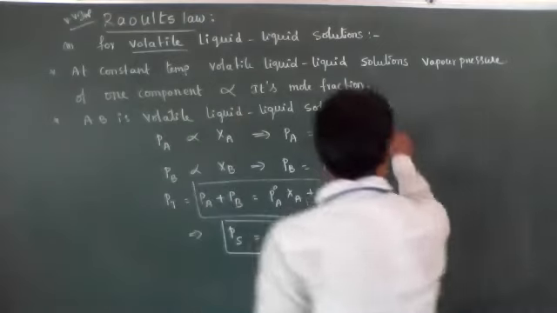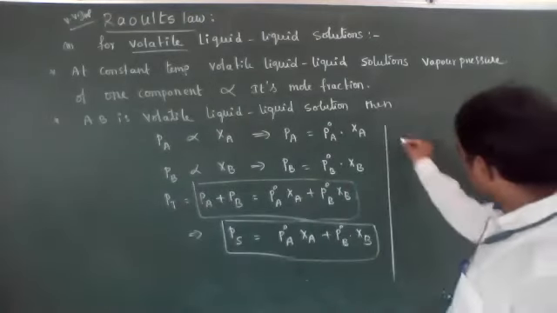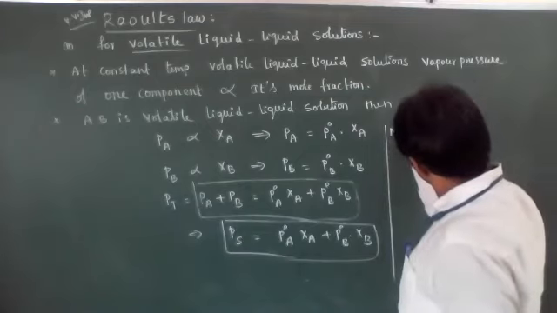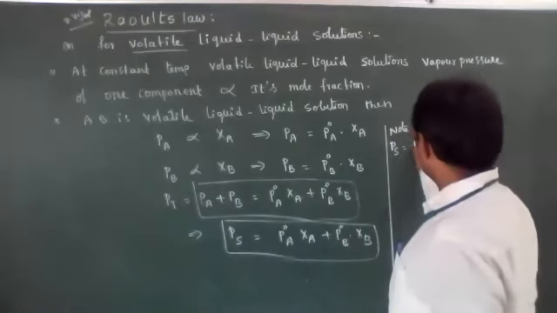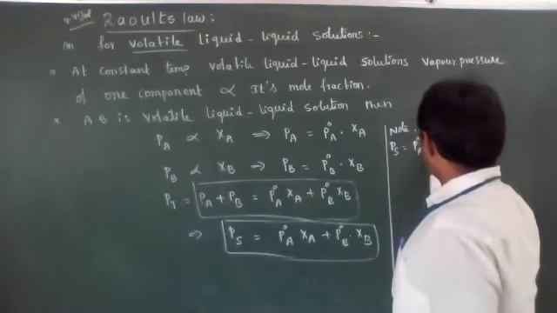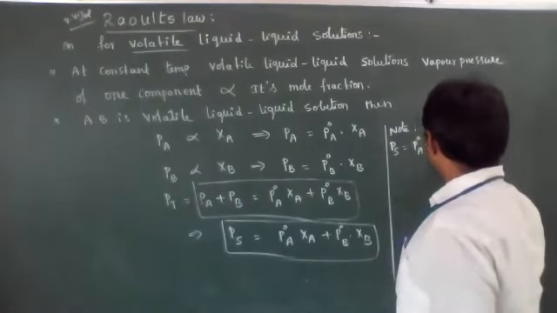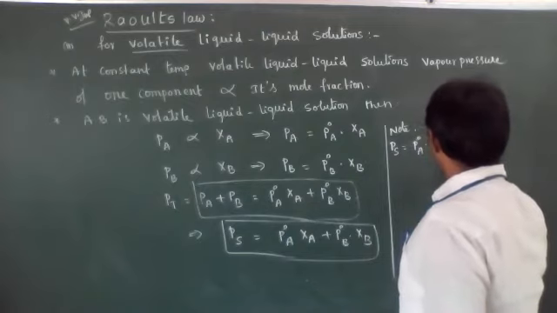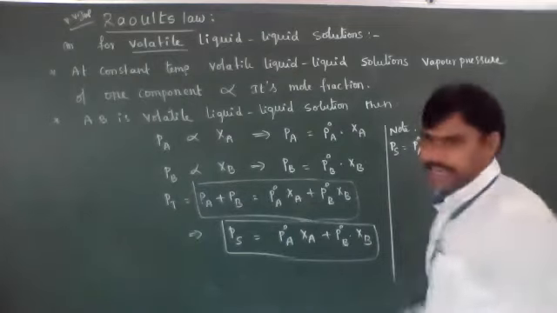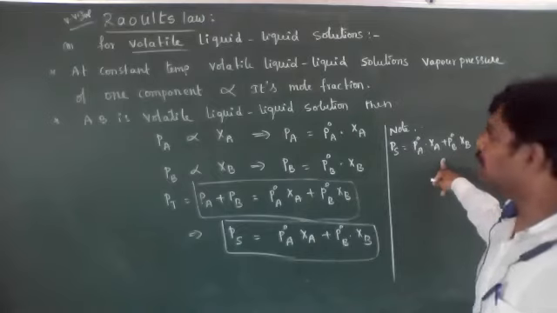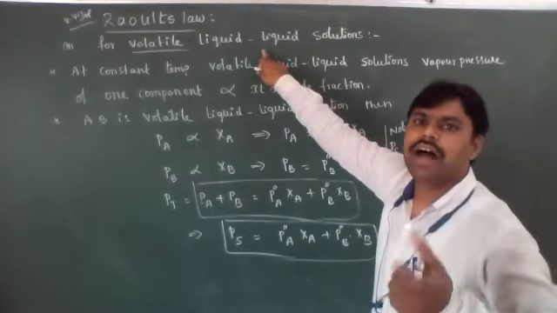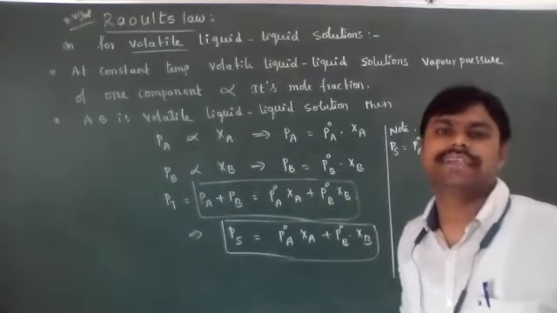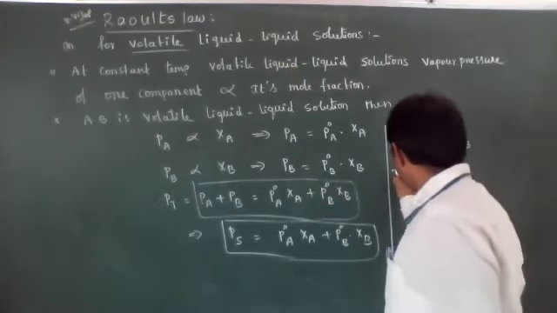Note what we got here: the PS value is P naught A into XA plus P naught B into XB. It is very clear that this is when the solute and solvent are both in volatile nature.